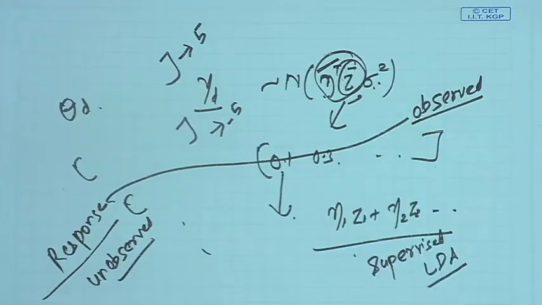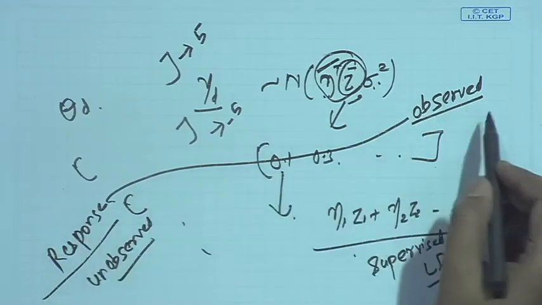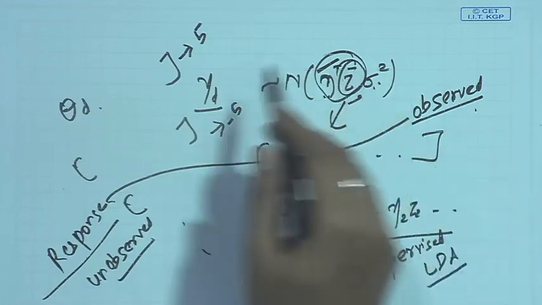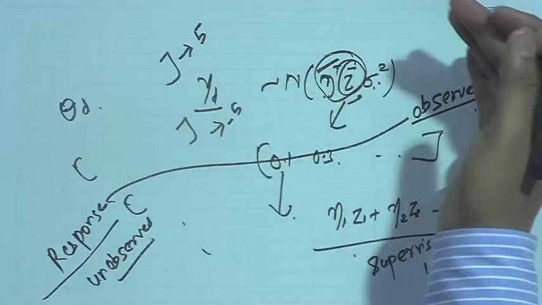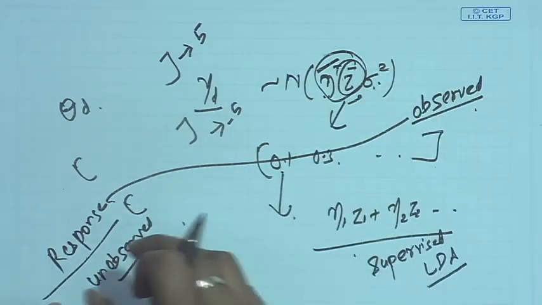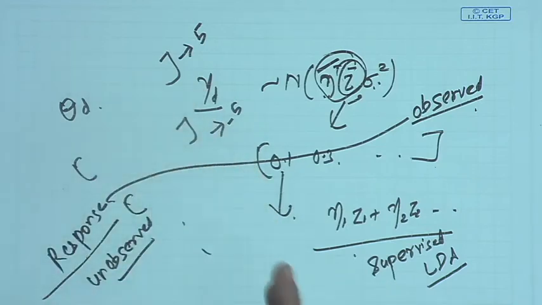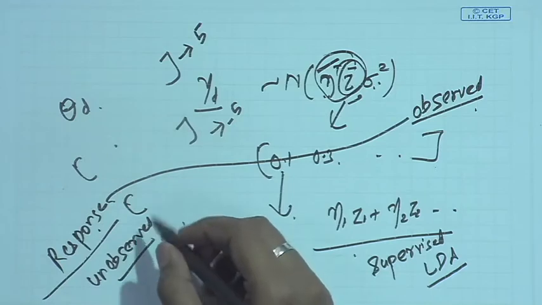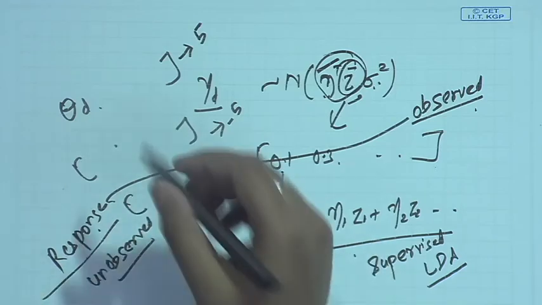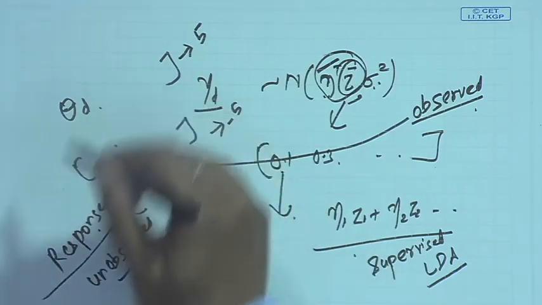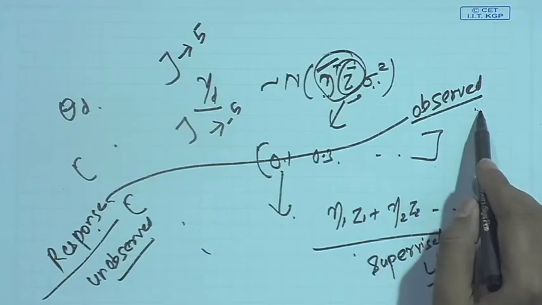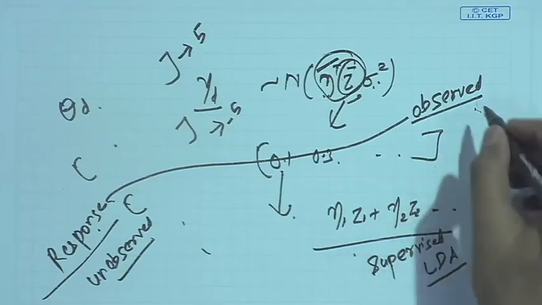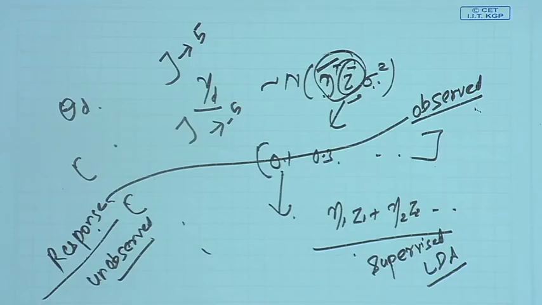So, the intuition is that if you take your response also as an observed variable, then your topics can be much more aligned to the actual responses, whereas here the topics are not aligned to the actual responses, and you have to later find out a mapping from the topics to the actual responses. This can be done here in the model itself. That is why supervised LDA works better for predicting the responses than the LDA model plus regression.